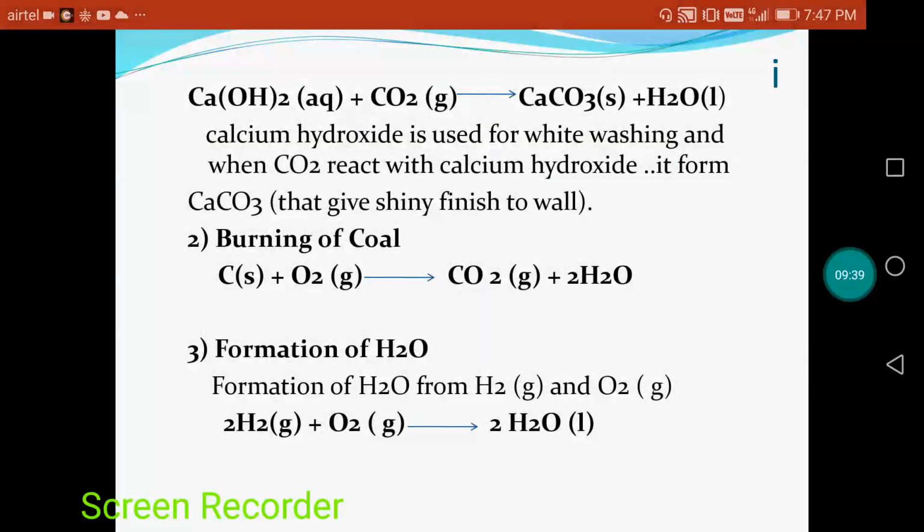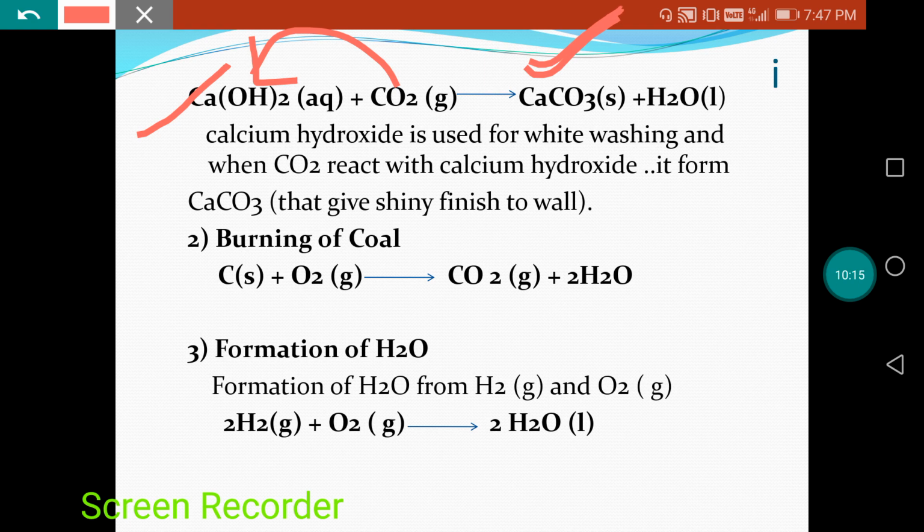What we discussed: calcium oxide, quicklime, reacts with water and forms calcium hydroxide, slaked lime. When you pass carbon dioxide in the calcium hydroxide solution that is formed already, a suspension as we discussed, calcium carbonate will form.